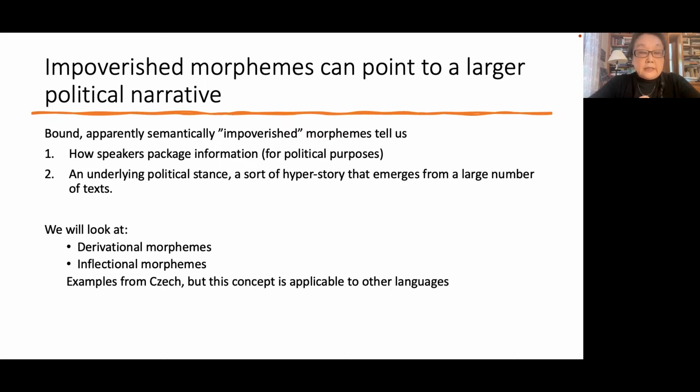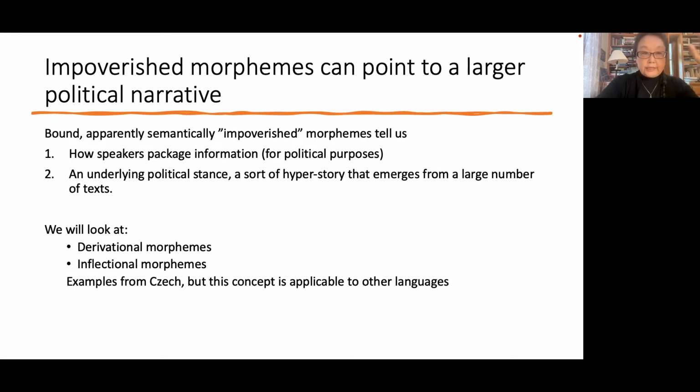Bound and apparently semantically impoverished morphemes tell us about two things: how speakers package information for political purposes, to mark power relationships, and they also point to an underlying political stance, sort of like creating a hyper story, an undercurrent that emerges from a larger number of texts.